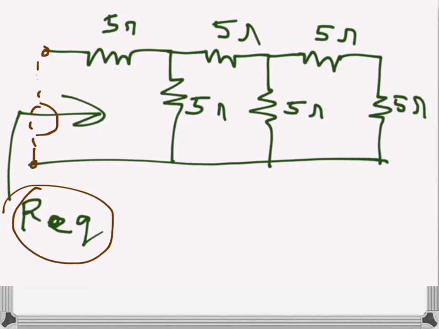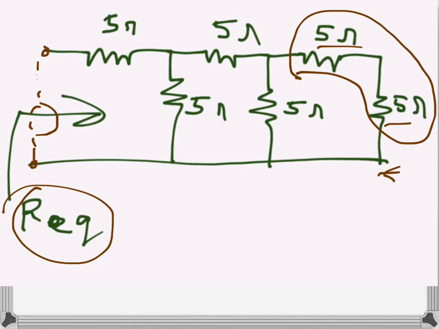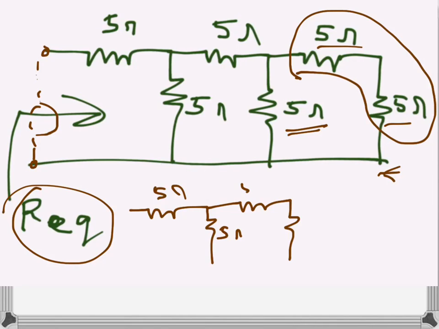So we have to start from this side, from the right, and we can see that these 5 ohms and this 5 ohms, these two are coming in series, and then that series combination will be in parallel with that 5 ohms. So if I redraw the circuit, we will have 5 ohms, 5 ohms, 5 ohms, and then we will have 5 ohms here as well.